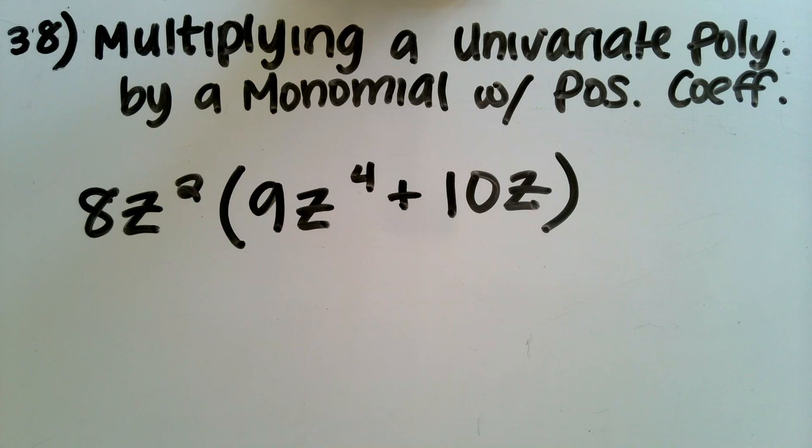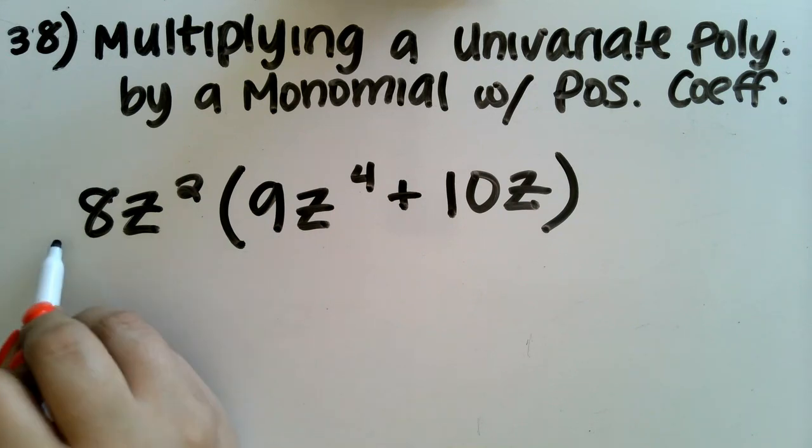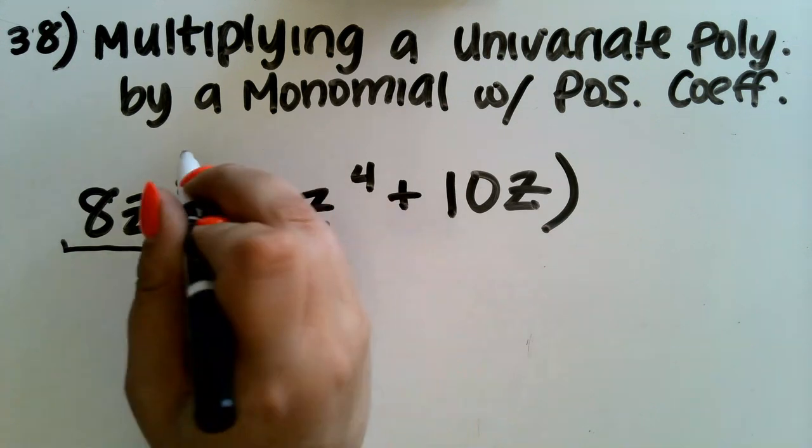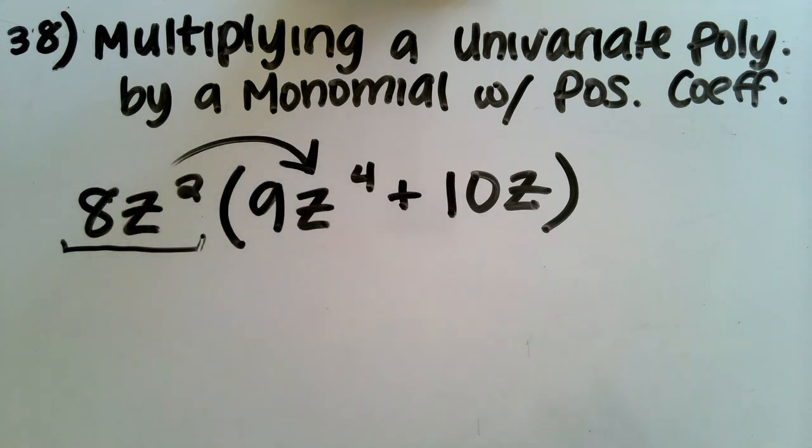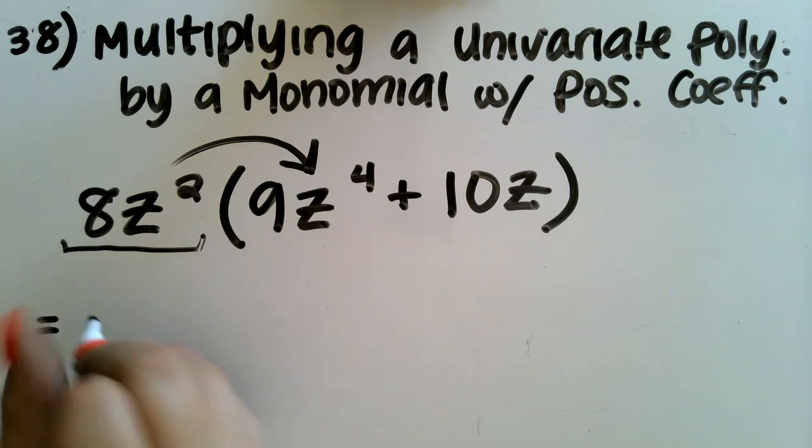We are going to start out by using that distributive property, and we're going to distribute this coefficient in. Let's start with just our first term, and I'm going to write this all out in its entirety.